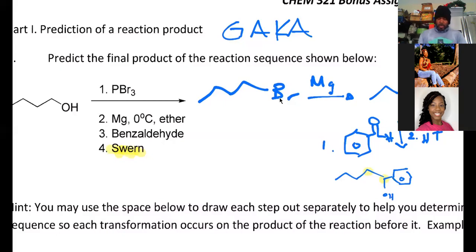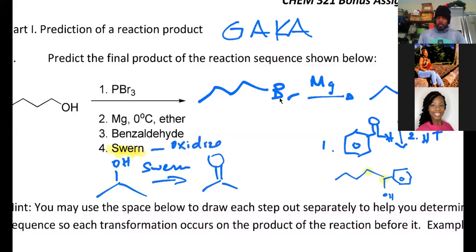So if I have an alcohol, like a secondary alcohol like this, and I treat it under Swern conditions, I'm going to get a ketone. So it's a way to oxidize alcohols up to carbonyls. It's primary or secondary alcohols.